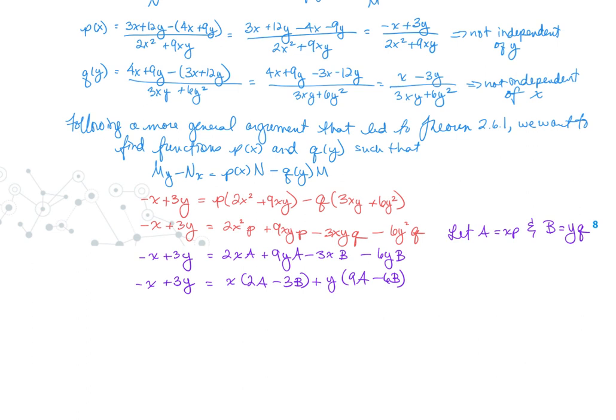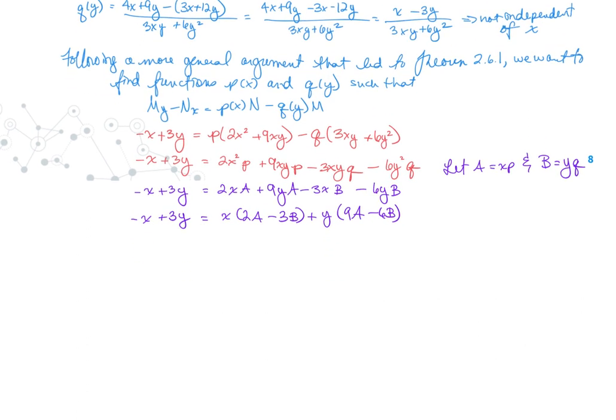And then what we're going to do, much like in partial fraction expansion, is set the coefficients of the x's equal to each other and the coefficients of the y's equal to each other. So if we look at x's, we have negative 1 equals 2a minus 3b.